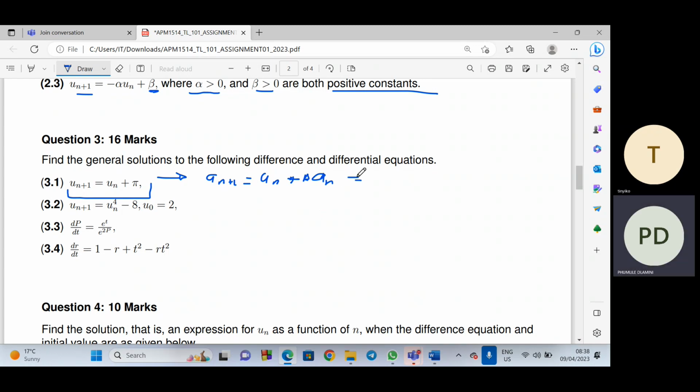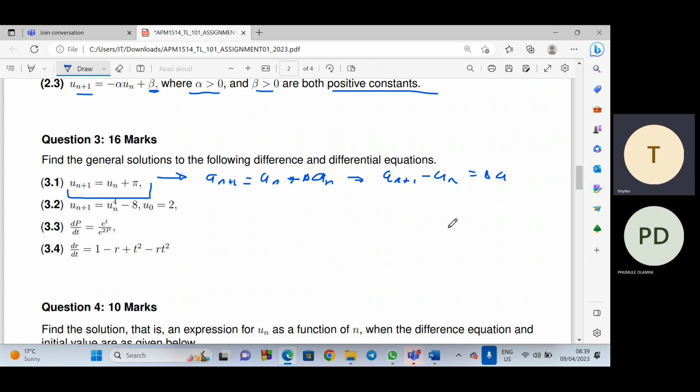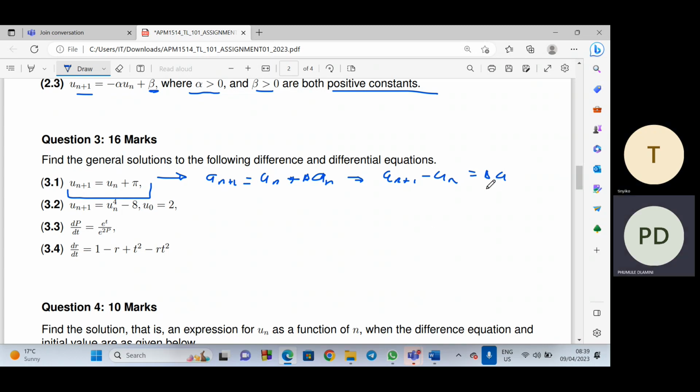So this implies that a_{n+1} minus a_n is equal to the change in delta. So after that, a_{n+1} minus a_n equals the change in delta. Then we can take it that u of a_{n+1} equals u of n plus 1.